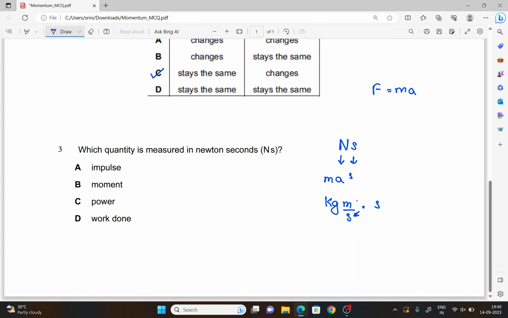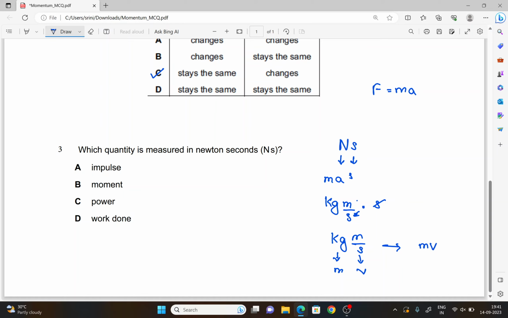So here this square and this second will get cancelled. We have kg meter per second. Now kg is a unit of mass and meter per second is a unit of velocity. Now we have to think which quantity is given by m into v, mass into velocity.